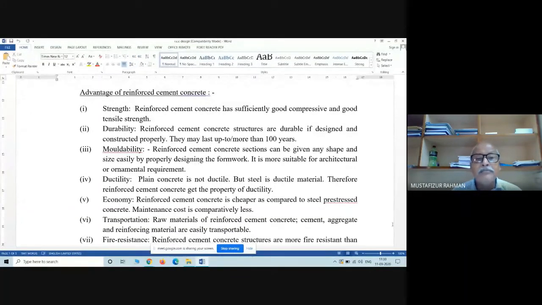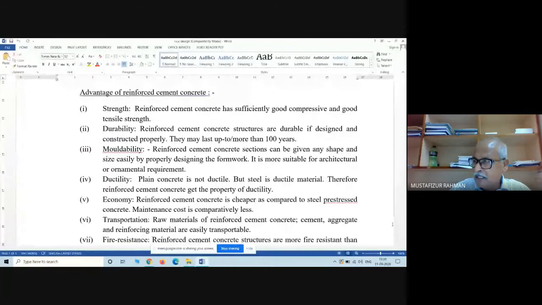There must be some advantages and disadvantages. First, let us see the advantages of reinforced concrete. Reinforced cement concrete has sufficiently good compressive and good tensile strength. Now, see what I told you.